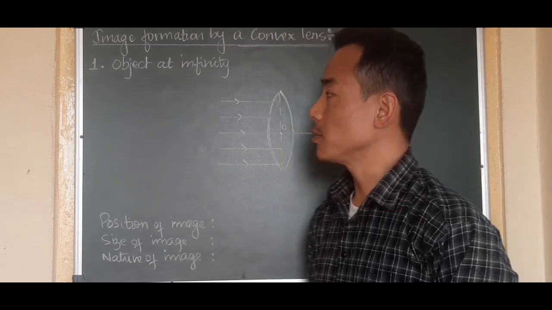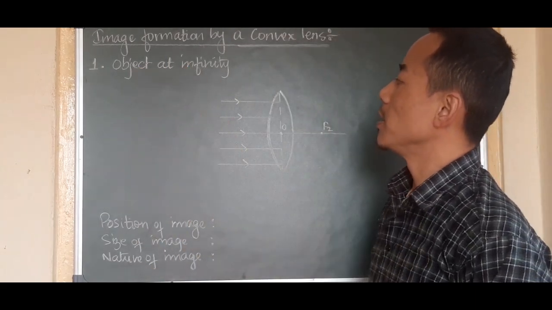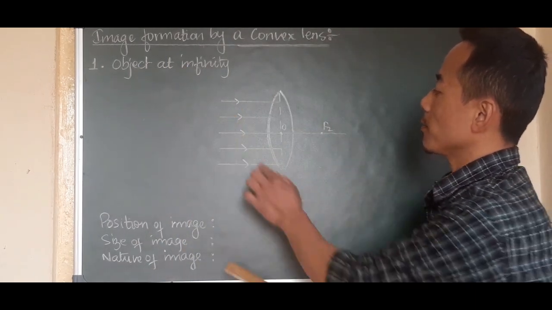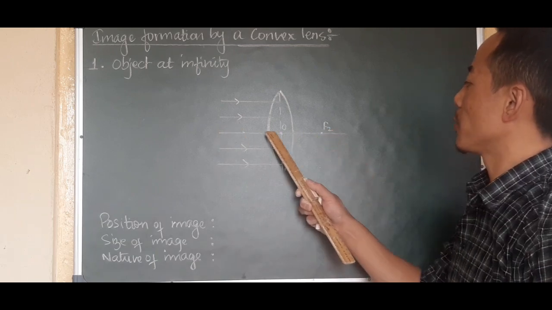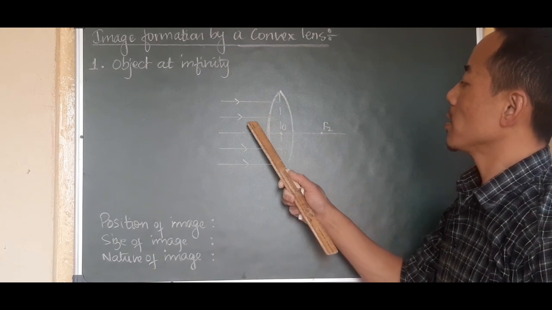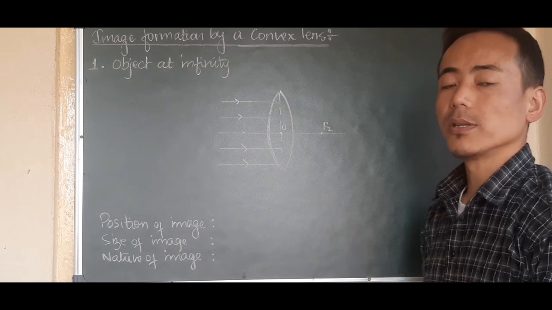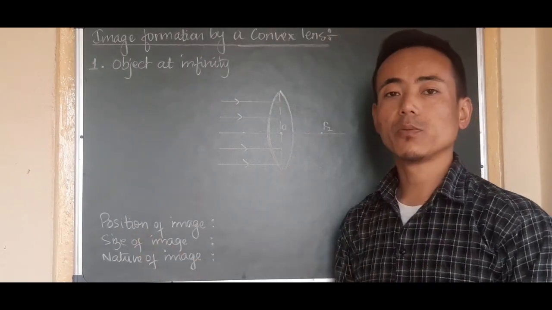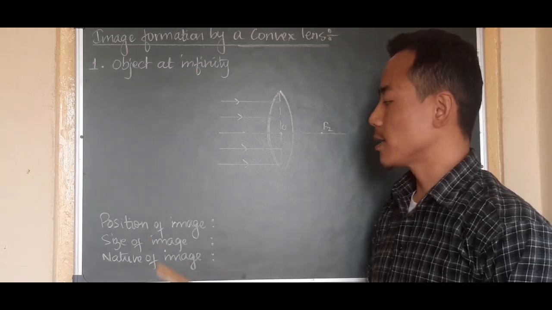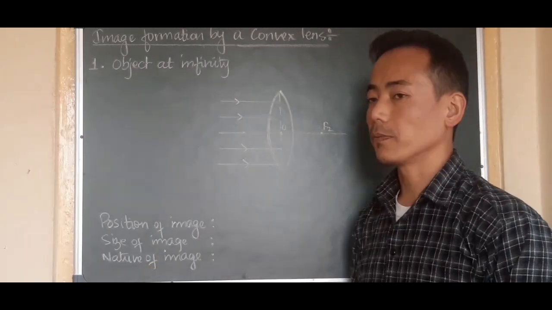So here also, since our object is at infinity, the incident rays are parallel with our principal axis. This line is the principal axis here. These rays are parallel with this principal axis. We have to find out the position of the image, that means where the image will be formed, the size of the image and the nature of the image.